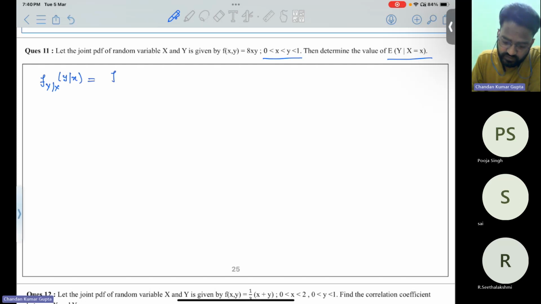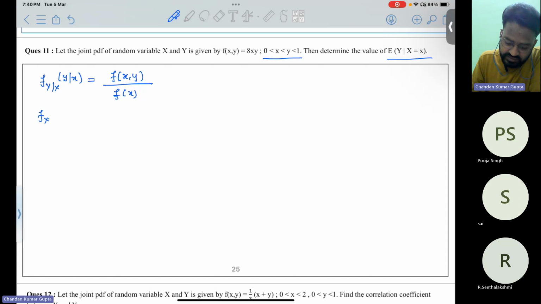That means it is the joint PDF divided by the marginal PDF. The joint PDF is given as 8xy. We need to calculate the marginal of x first.